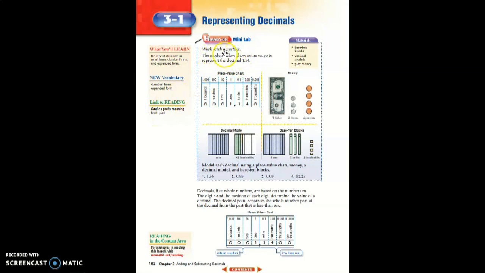Work with a partner. The model below shows some ways to represent the decimal 1.35. Model each decimal using a place value chart, money, a decimal model, and base 10 blocks.